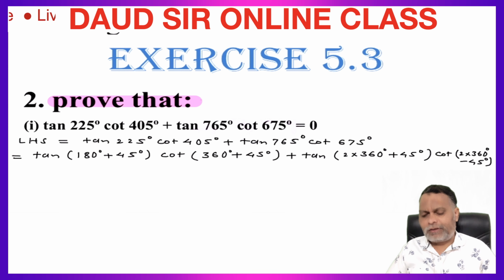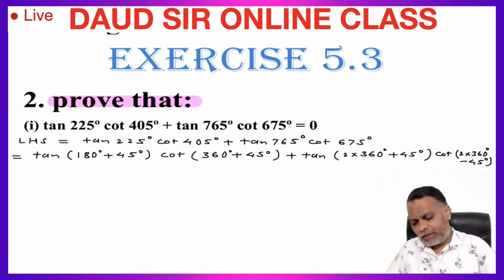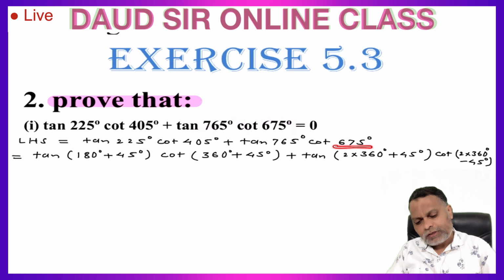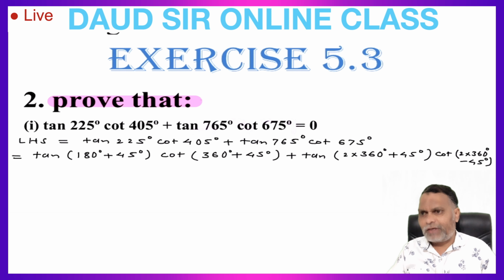Check all the numbers, they should be correct. 225 is 180 plus 45, 405 is 360 plus 45, 765 is 360 into 2, 720 plus 45, and 675 is 2 into 360, 720 minus 45. 720 minus 45 is equal to 675 degree.